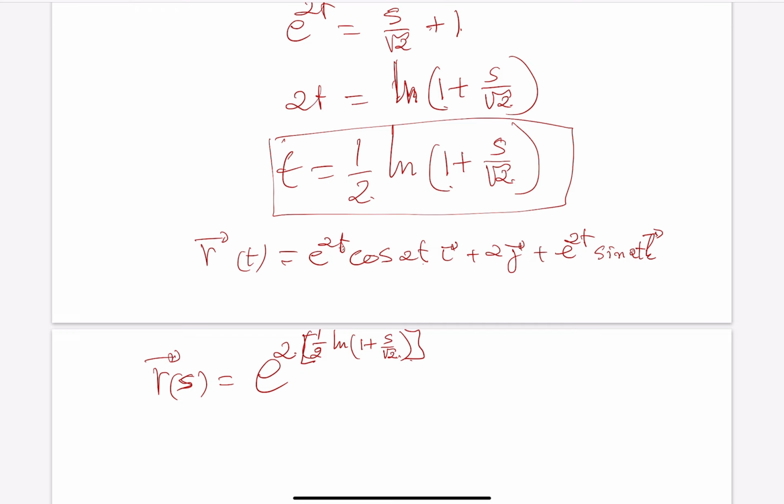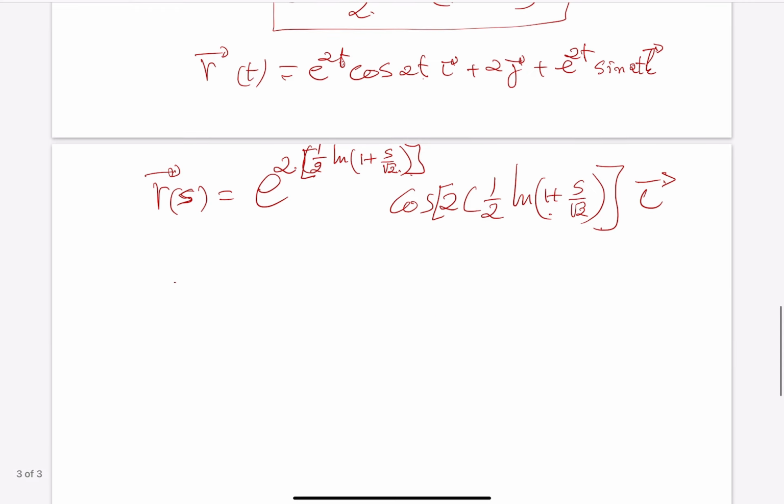So now the cos also will be 2 bracket, 1/2 ln 1 plus s over square root of 2. Close the bracket, and you have i for now. The next one you have plus 2j, nothing changed, plus e to the 2 bracket 1/2 of ln 1 plus s over square root of 2.